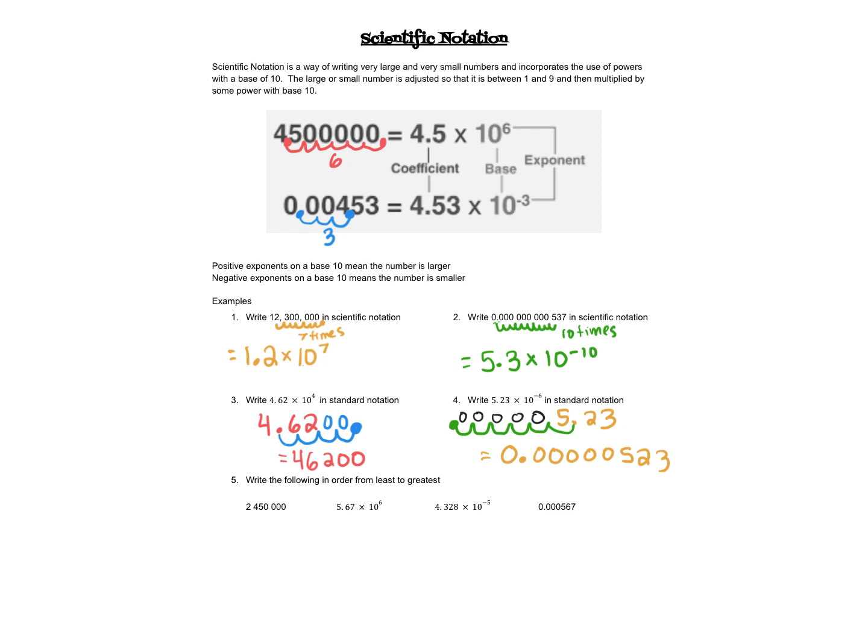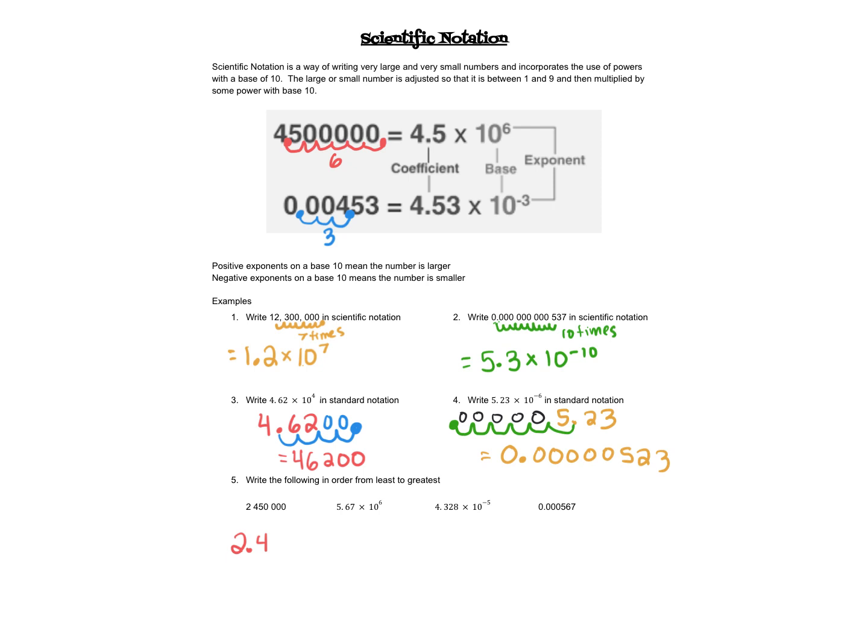Question 5, write the following in order from least to greatest. If you put them all into scientific notation, you'll be able to write them all in order from least to greatest. So the first example, 2,450,000. We want to move the decimal in between the 2 and the 4, so you want that to be 2.4.